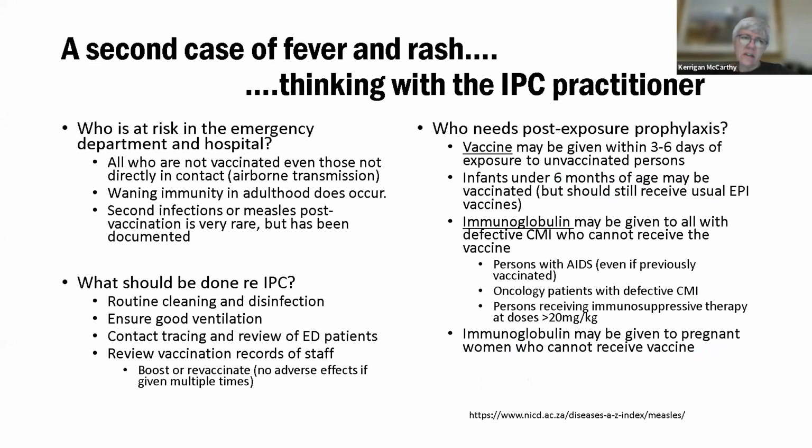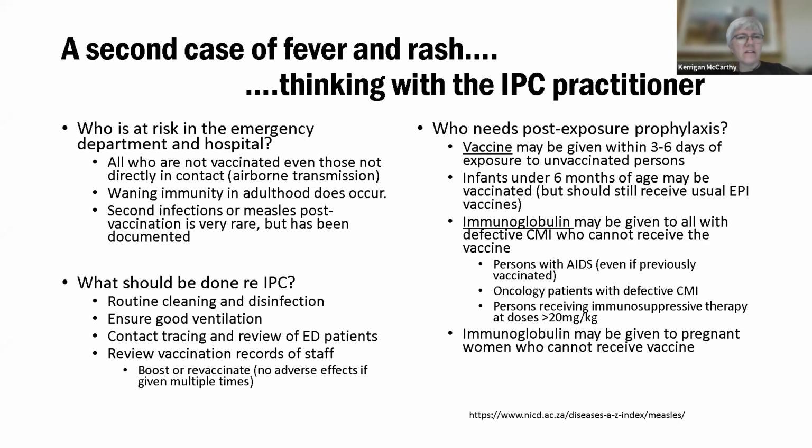So it is helpful for us to think through what are the risk factors in the hospital setting regarding post-exposure prophylaxis. The important thing is that hospitals, particularly the emergency department, are likely to see more cases of measles than the community environment.